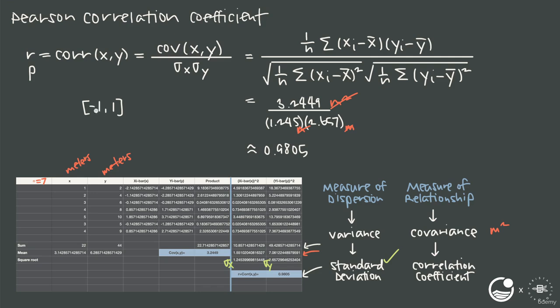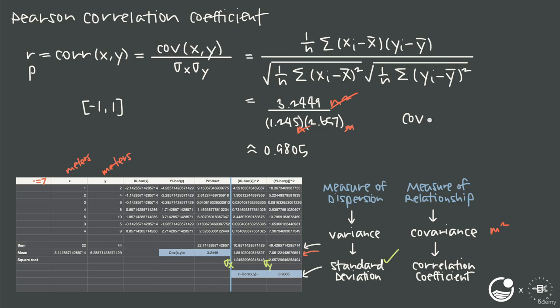In that same way, correlation is locked on this -1 to 1 scale, and so it gives us a particular scale on which to understand the strength of a relationship. So if covariance only gave us the direction of the relationship, correlation not only gives us the direction of the relationship, but also the strength of the relationship.